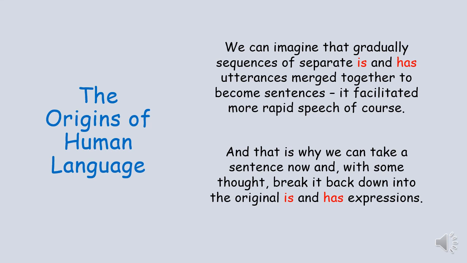We can perhaps imagine that gradually sequences of separate is and has utterances merged together to become sentences. It facilitated more rapid speech, of course. And that's exactly why we can take a sentence now and with some thought break it back down into the original is and has expressions.